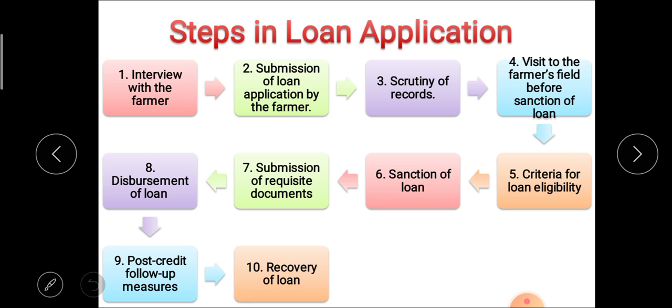These 10 steps are: first, interview with farmer; second, submission of loan application by the farmer; scrutiny of record; visit to farmer's field before the sanction of loan; then criteria for loan eligibility; then sanction of loan; submission of prerequisite documents; disbursement of loan; then post credit follow-up measure; and last one is recovery of loan. We will see one by one these different steps.